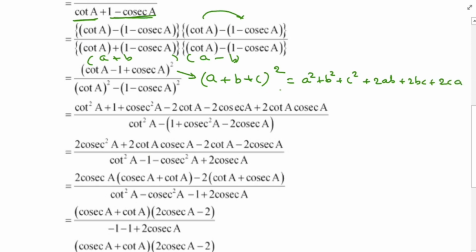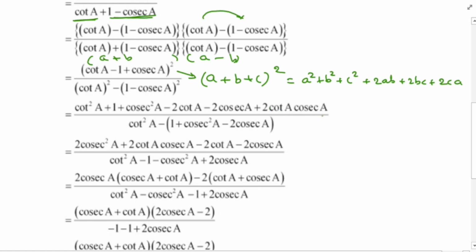In place of A we have cot A, in place of B we have minus 1, in place of C we have cosecant A. By applying that identity we will get cot square A plus B square, which is minus 1 square, 1, plus C square, cosecant square A. So here 2AB, because B is negative, we got minus 2 cot A into 1. Similarly minus 2 into 1 into cosecant A, plus 2CA, C is cosecant A, A is cot A.